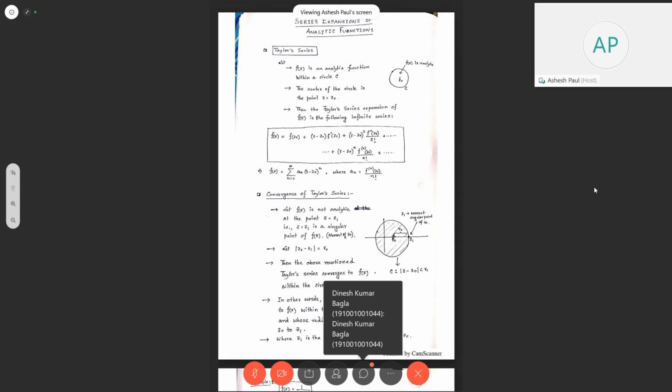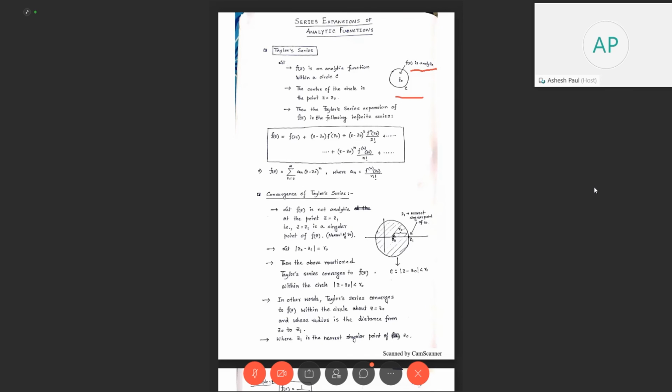Then the Taylor series expansion of f(z) is the following infinite series.